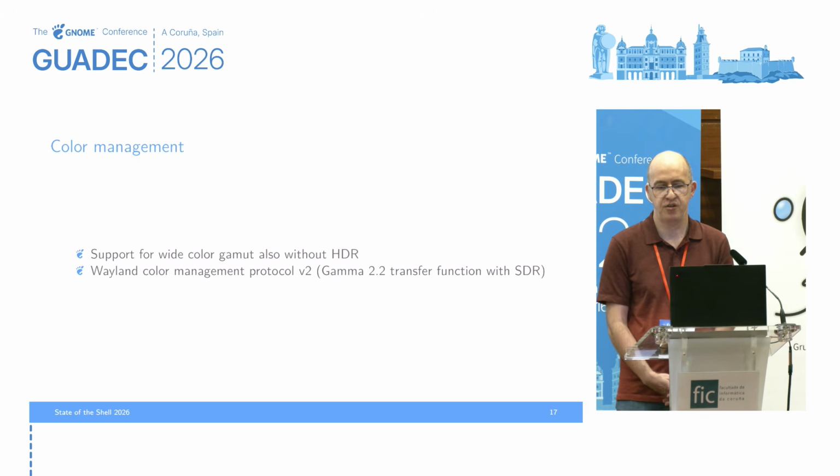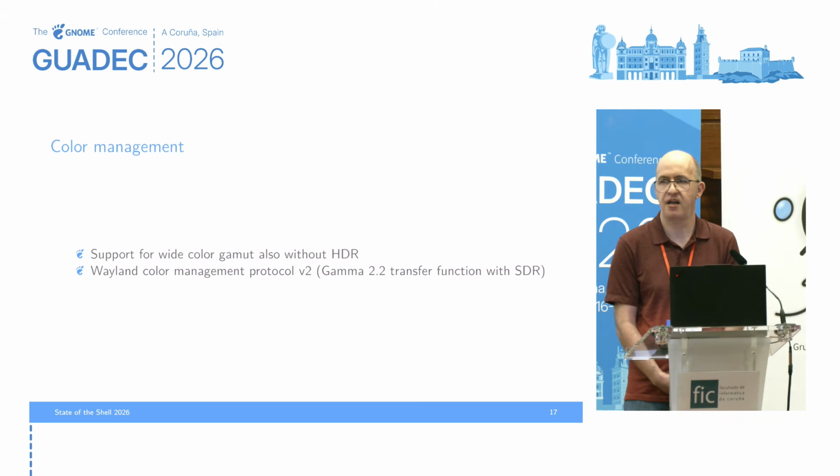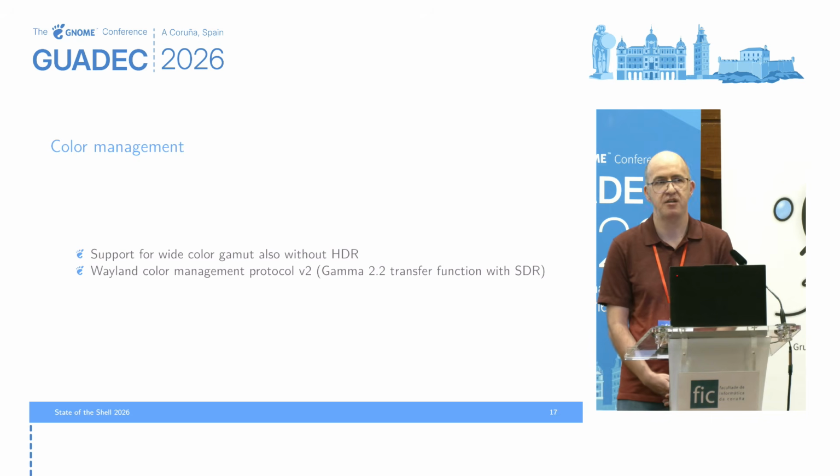So I only put one specific thing on the slide, which is that Mutter now uses the gamma 2.2 transfer function with SDR instead of the sRGB piecewise transfer function that it was using before. That might be noticeable in some cases, in particular with content which has a lot of dark areas, like maybe some dungeon game or something like that.